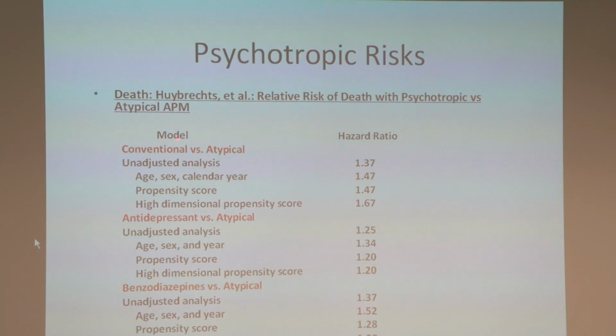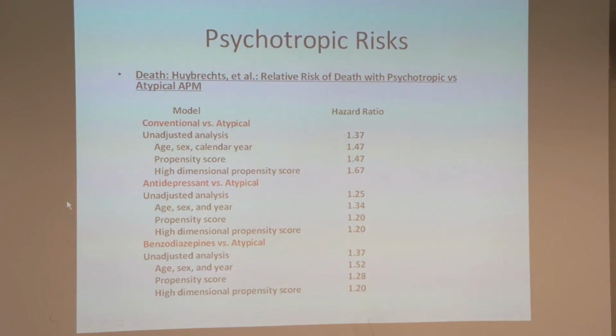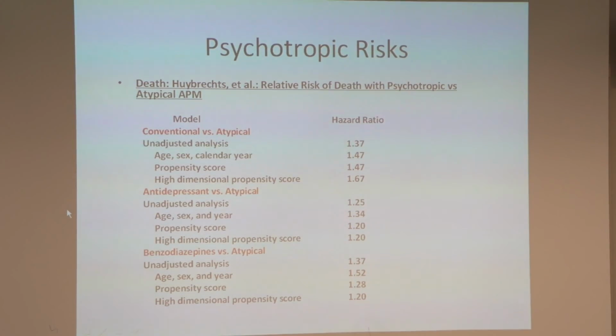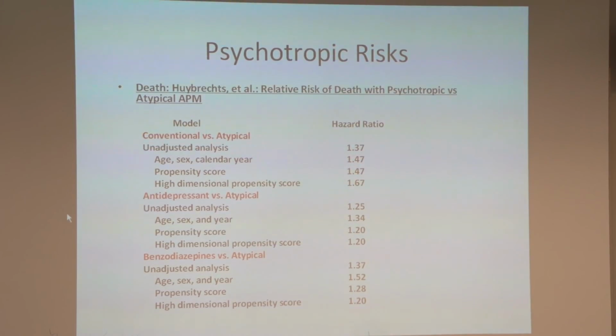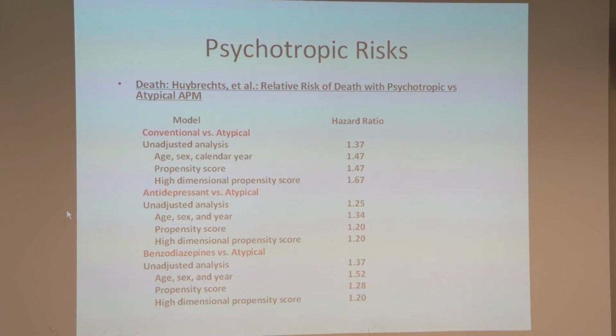So he found conventional, we've seen this already. Then he looked at anyone on any antidepressant from any class, and then he looked at benzodiazepines. Interestingly, there's evidence that all of the drugs that we give old people increase their likelihood of death, and that the relatively safest is the atypical.